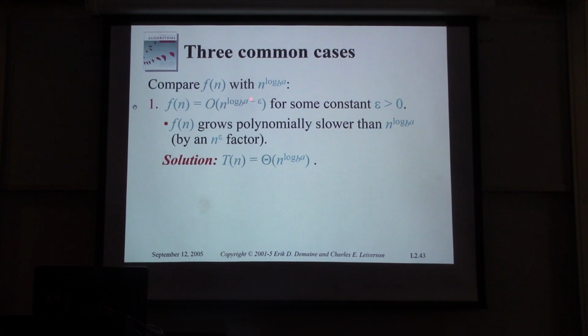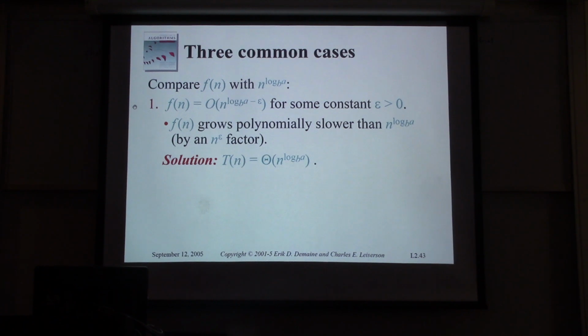That means you have to decrease this exponent to make equality, which means this exponent must be bigger than the f of n exponent.